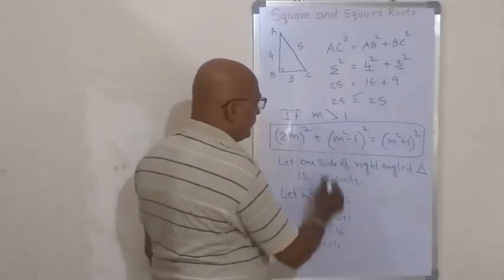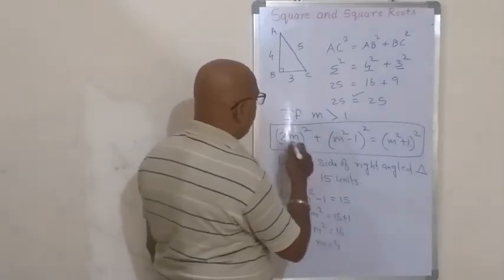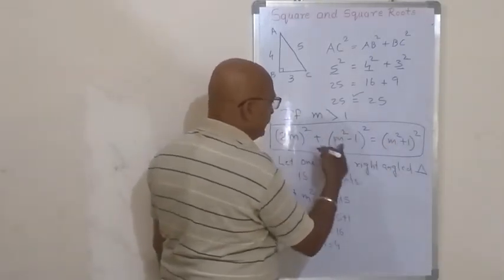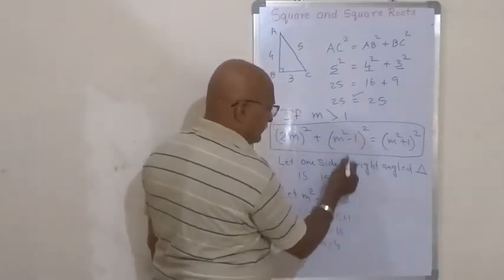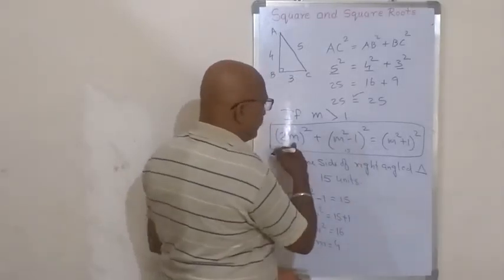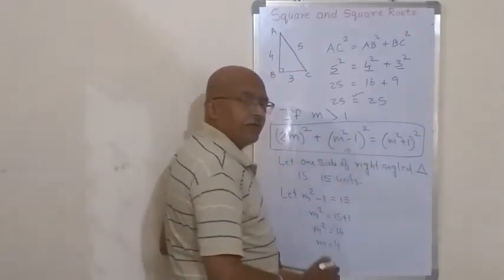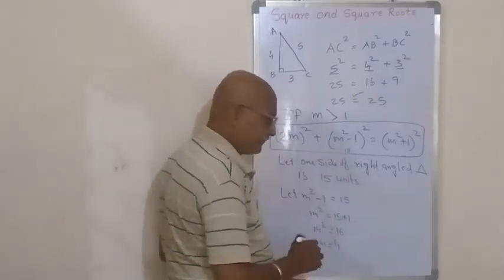Now I have got the value of m. Then I will put this value of m in the remaining two, because these we have considered as 15. Now we have to find this and this, so that we will get the Pythagorean triplet including 15.